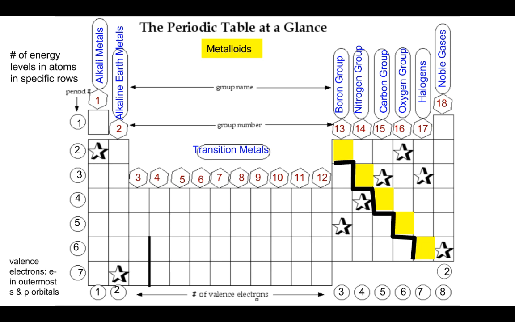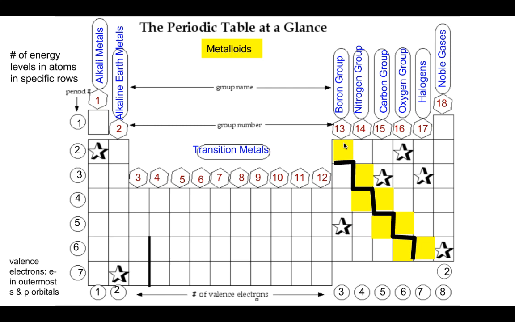Now, it would also make sense that metalloids would be along the bottom side or the left side of the line, which they are for the most part. This one right here is not a metalloid, although if we look at the pattern, it looks like it should be, but it's not. So that one, don't color your metalloid color. All right, so those are metalloids.